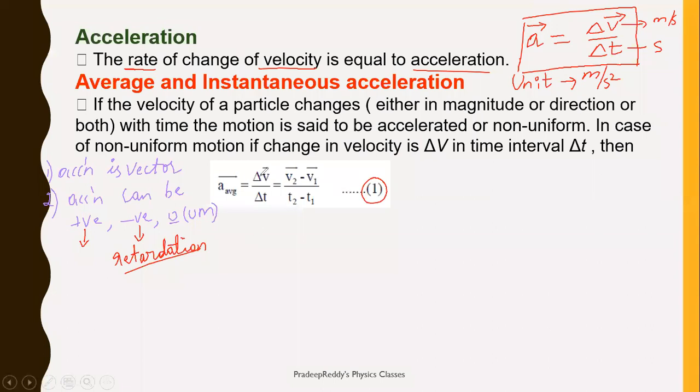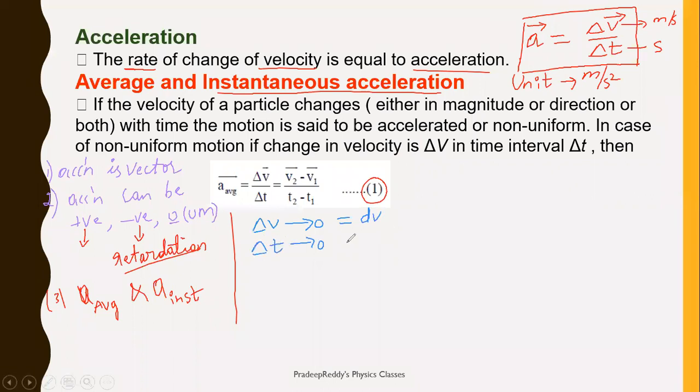Now coming to the next thing, the difference between average and instantaneous acceleration. So we will now be learning average acceleration and instantaneous acceleration. This is the same as how we dealt with instantaneous velocity and average velocity. As we know, delta v tending to 0 is nothing but dv. Similarly, delta t tending to 0 gives you dt.